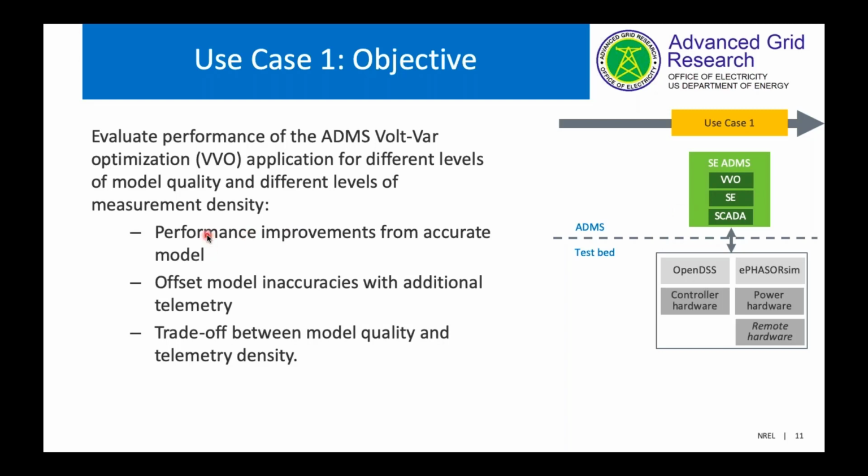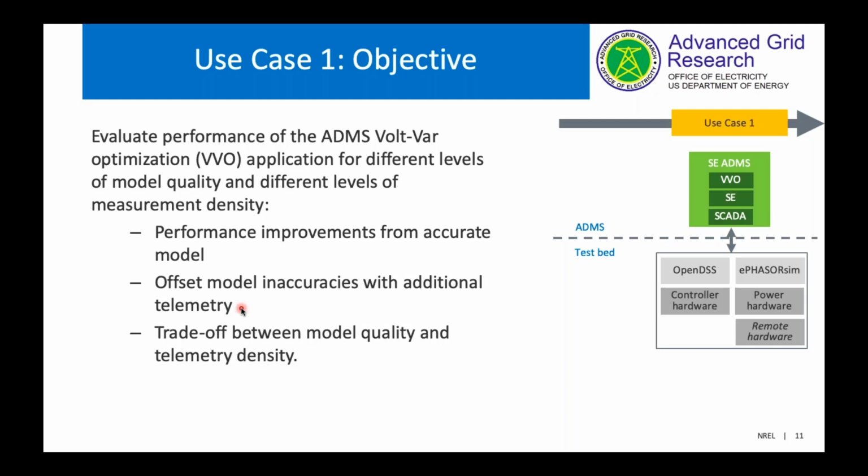So we looked at experiments where we changed the quality of this model within the ADMS and looked at the performance of VVO. There was also a question of whether some of those model inaccuracies could be offset by additional telemetry on the system.